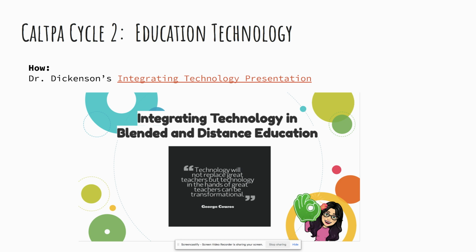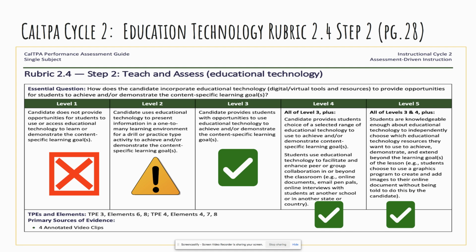Now let's take a look at the Cal TPA Cycle 2 Education Rubric. There are 5 levels. Pie in the sky, we want to get to 3 or above. 3 is passing. So take a look at Rubric 2.4. Step 2, teach and assess with educational technology. Remember, this is an annotated video clip that you're submitting for your Cal TPA Cycle 2.